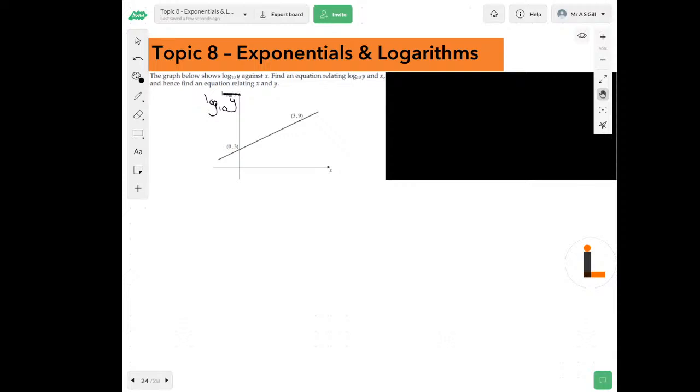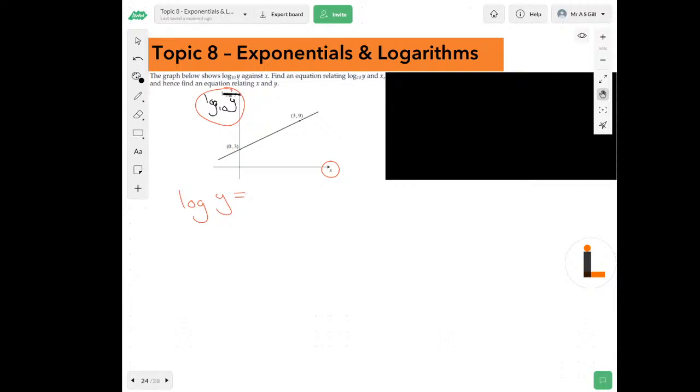So what this question is saying is that there is a linear relationship between x and log y. So let's start to form our equation. If we have log y, remember we said if we don't include the base, we can assume it to be base 10.